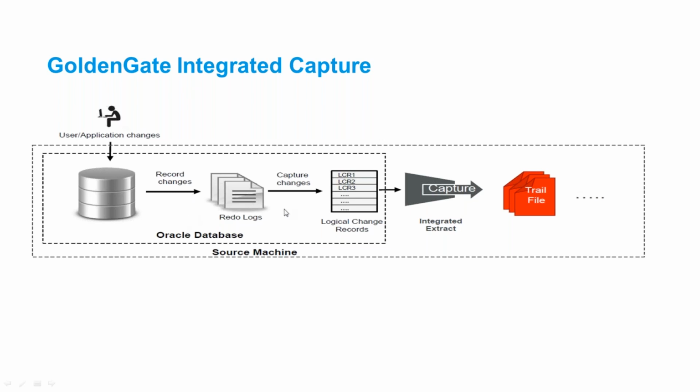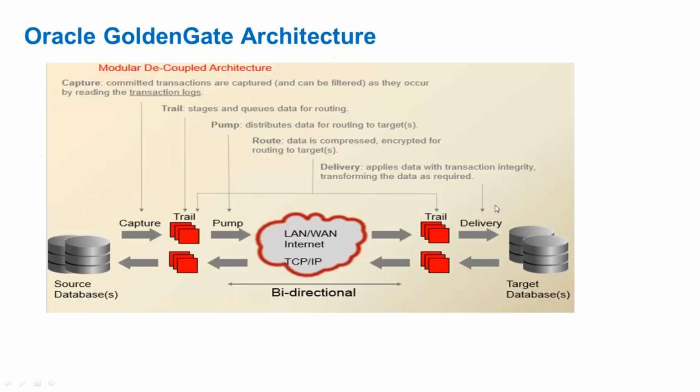Log miner then passes on the changes to the extract process in form of LCR. So there is one more layer in between when you are configuring the extract process. In integrated extract, it's the log miner database which passes on the changes to the extract process, and once the changes are passed, they get written into local trail.